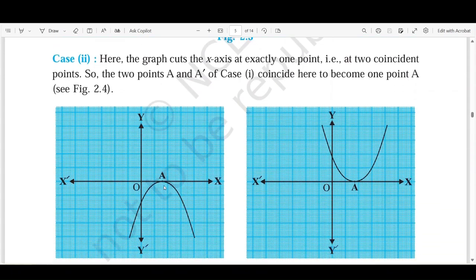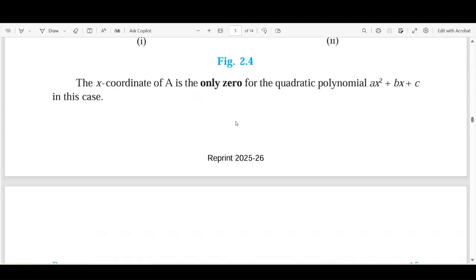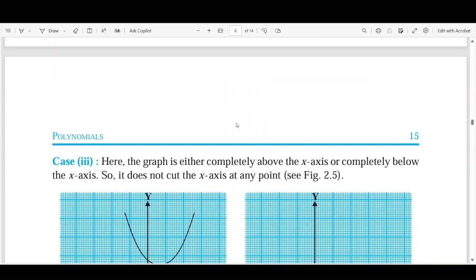And case 2 is the graph cuts the x-axis at exactly 1 point, that is at two coincident points. So thus we have a 0, the value is same, but it will get repeated twice. That is, we will have a 0 for the polynomial which will be repeated.